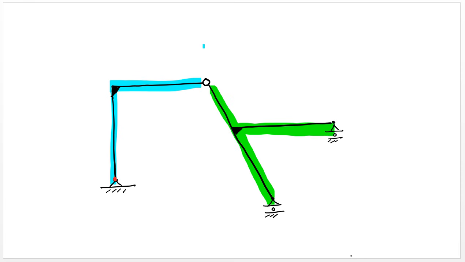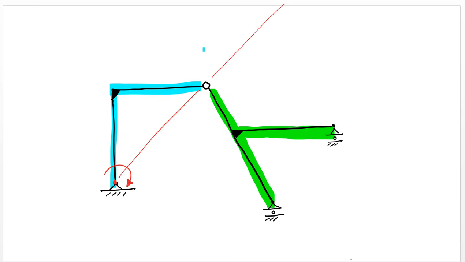The first one can rotate about this point here on the left support, which means that if it can rotate about that point, and we draw the line connecting that support and the hinge, that hinge has to move this way, right?